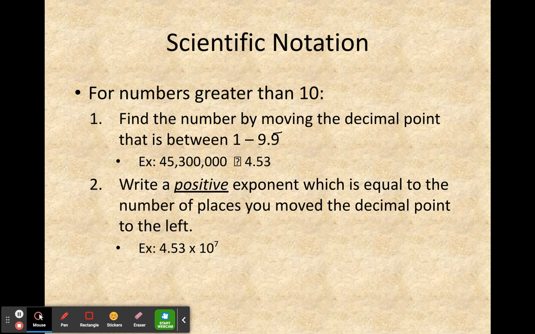If you do 45.3, does that work? No, because 45 is bigger than what? What's the biggest number you can have for a coefficient? 9.9. Thank you. And then because you are moving to the right, you have a positive exponent.